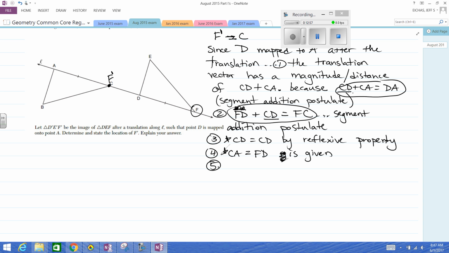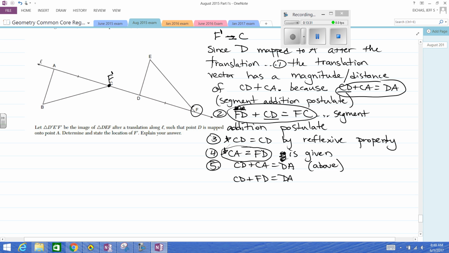All right, so here we go. Let's rewrite CD plus CA equals DA from above. Now we're going to manipulate that a little bit. Let's see, do we have replacements? Yeah, we do. Now FD can replace CA, and that's substitution.